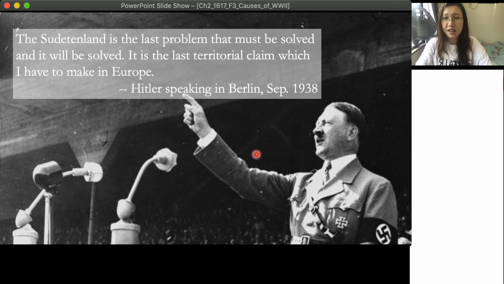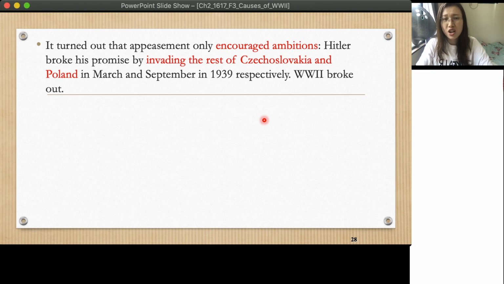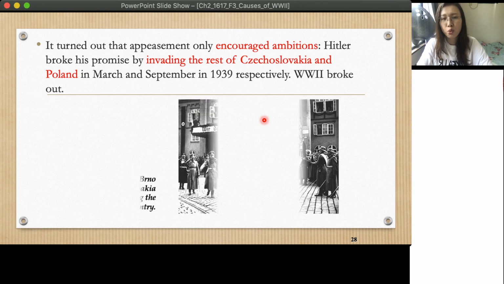But it turns out that Hitler was a fraud, and he lied about it. So the result is, it turned out that the appeasement policy only encouraged the ambitious. Hitler broke his promise by invading the rest of Czechoslovakia and Poland in March and September 1939 respectively, and the Second World War broke out.